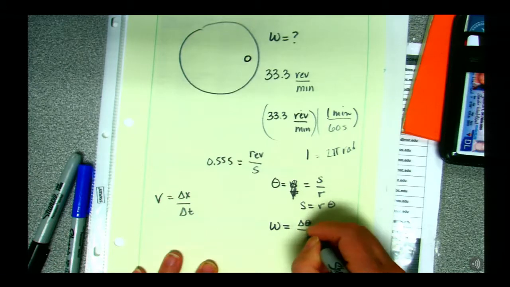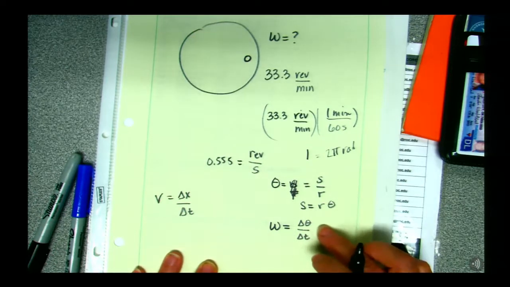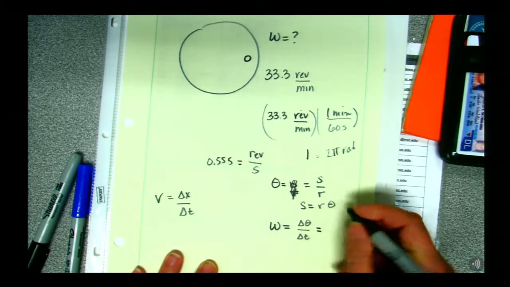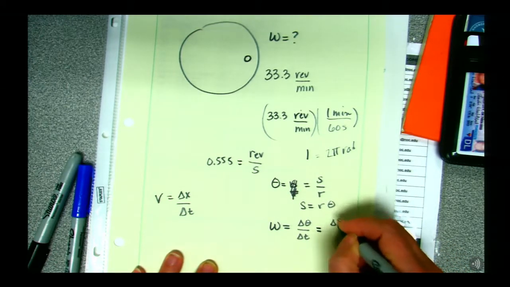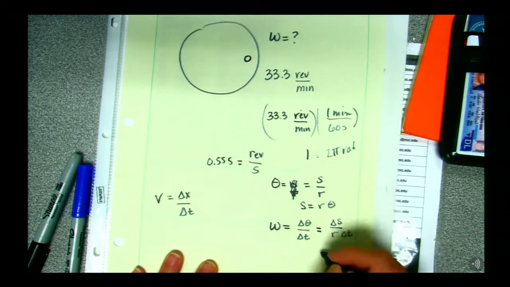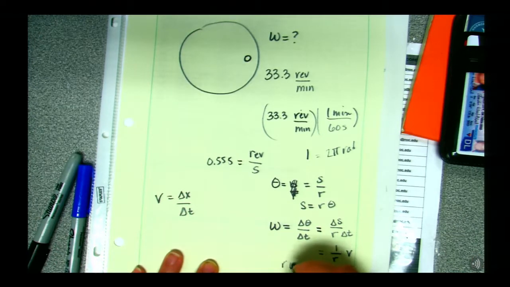If I put in my angle here, I get the change in S divided by R with respect to time. That gives me 1 over R times velocity, and I get R omega is equal to my linear velocity.